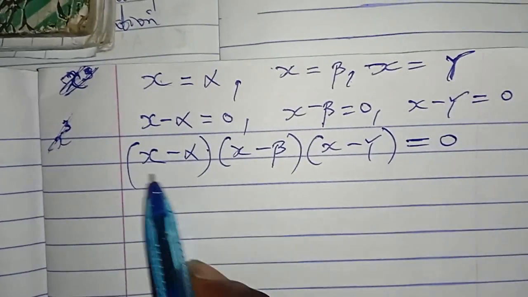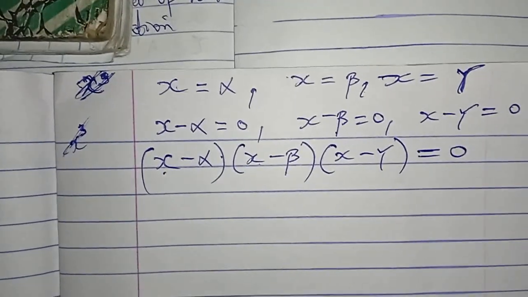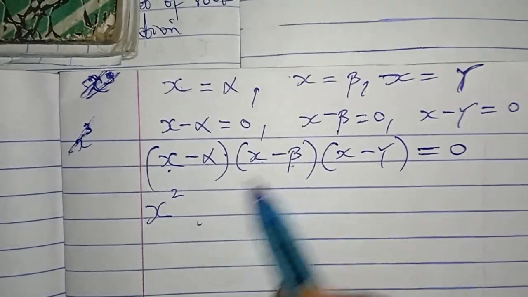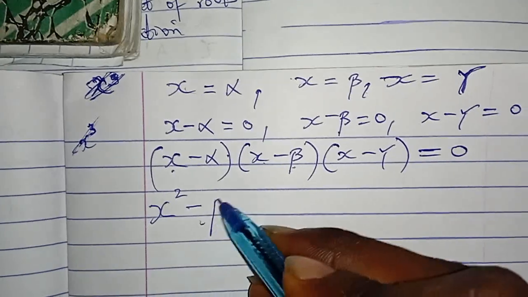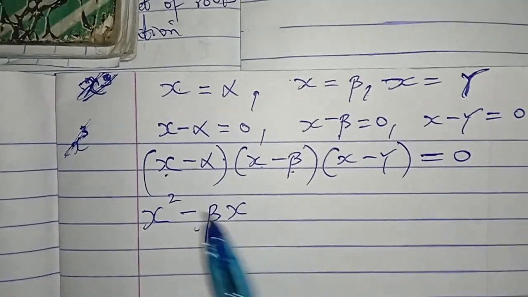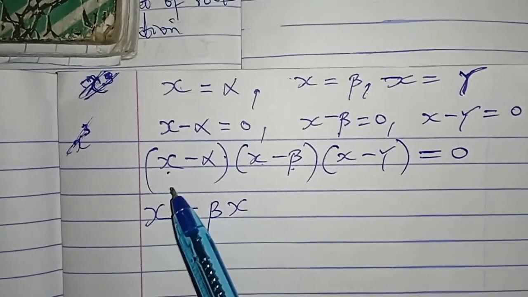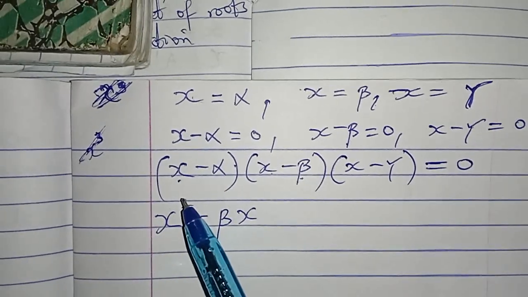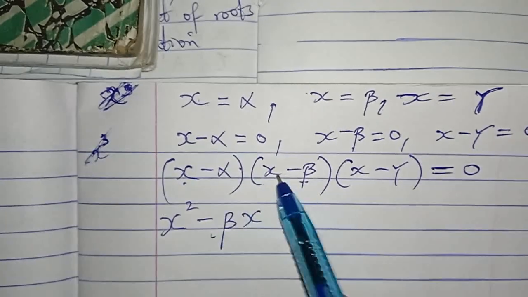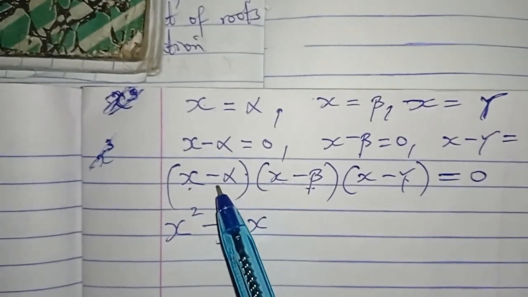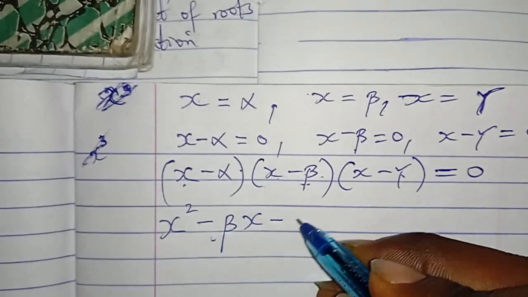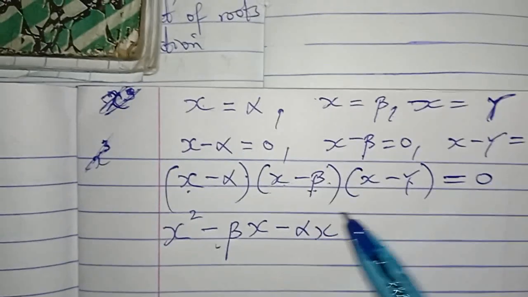So let's expand. x times x, x squared, x times minus beta gives minus beta x. Let's finish multiplying these two before we go to the next. Now, alpha times x is going to be minus alpha x.